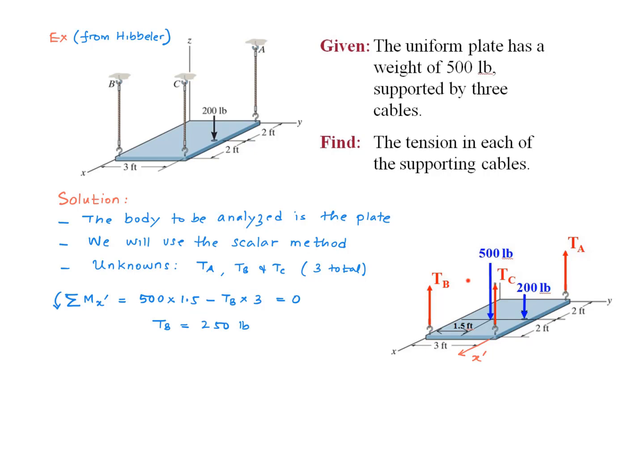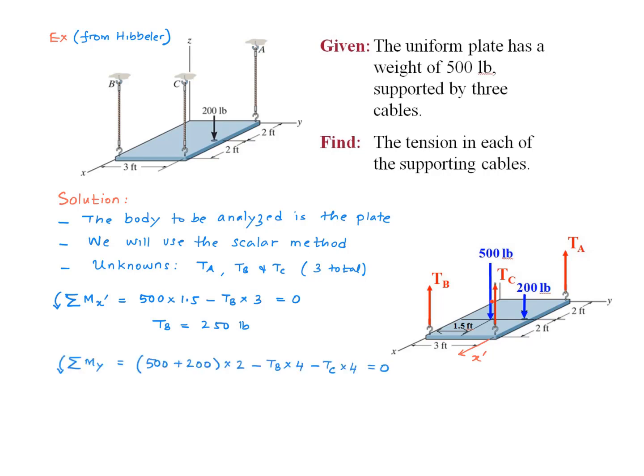TB is going to give me a clockwise moment, so that goes in as a negative term. The perpendicular distance to the line of action of that is 3 feet, right? So TB multiplied by 3 feet goes in as a negative moment. TB is the only unknown in that equation, and therefore TB can be solved for right away, and TB is calculated to be 250 pounds.